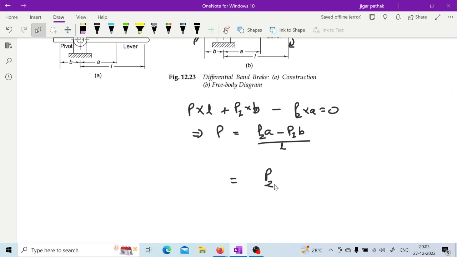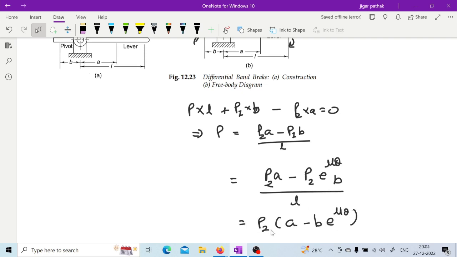So if you take this P2A minus P1 as P2 e raised to mu theta, then it will give you P2A minus P e raised to mu theta divided by L. So this is how this braking effort is calculated in this differential band brake.